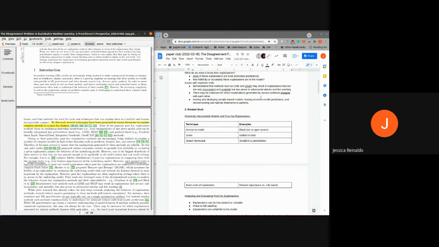Also, different explainers can disagree with each other, and this is what this paper is mostly concerned about, how to understand what to do in case of this disagreement.